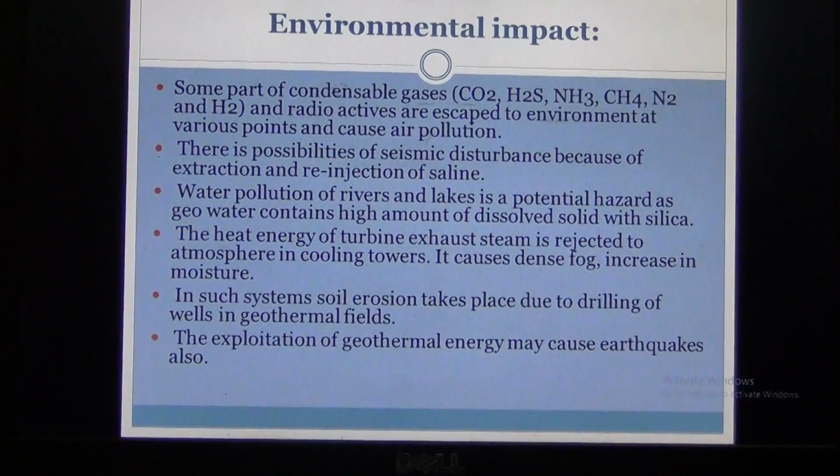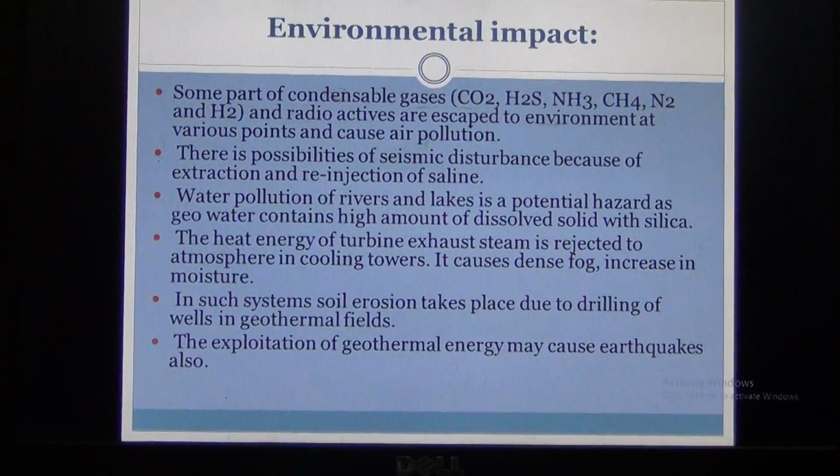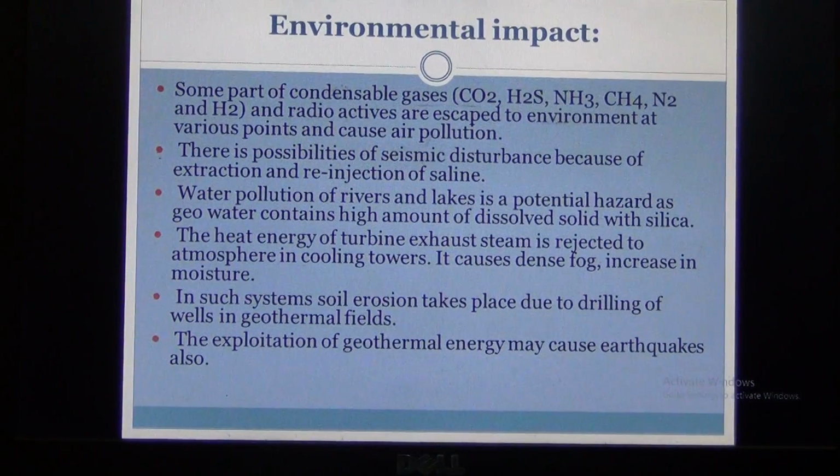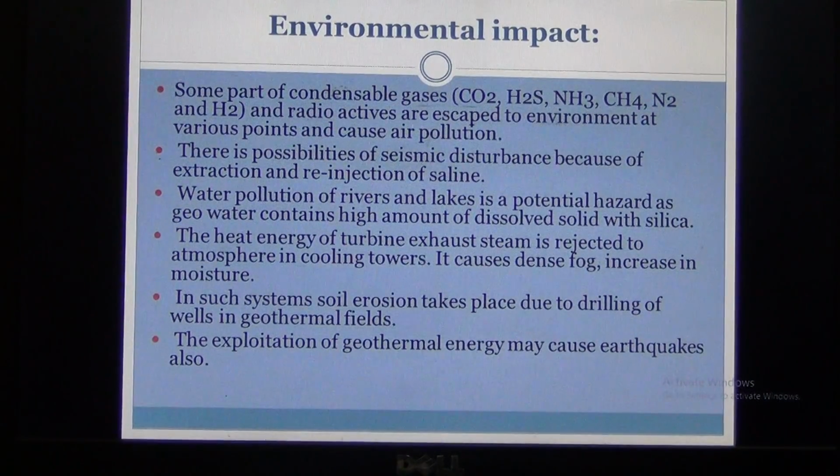Environmental impact. Some part of the condensable gases CO2, H2S, NH3, CH4, N2 and radioactives escape to the environment at various points and cause air pollution. There is possibility of seismic disturbance because of extraction and re-injection of saline.